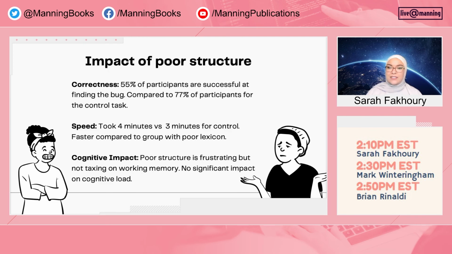It didn't have a significant impact on their cognitive load. So they were difficult in a different way, right? And there's different aspects of what makes code complex. And poor lexicon created inconsistencies in the mental model, but poor structure just made the code hard to read and wasn't necessarily taxing on working memory.